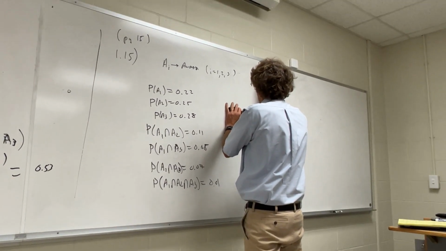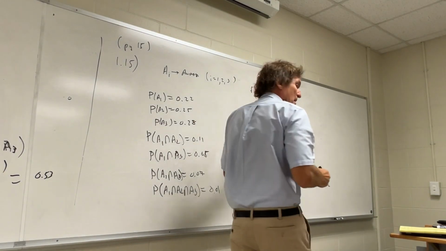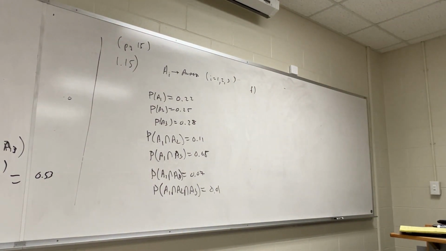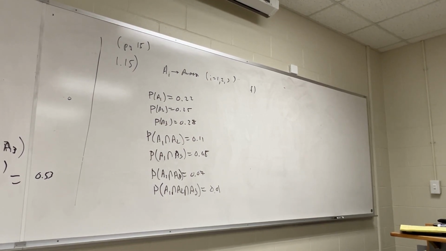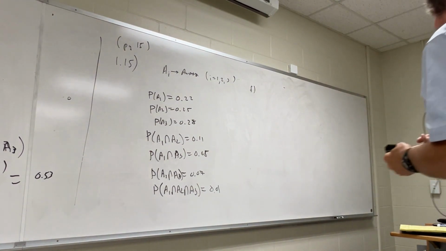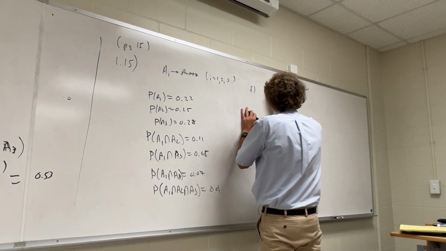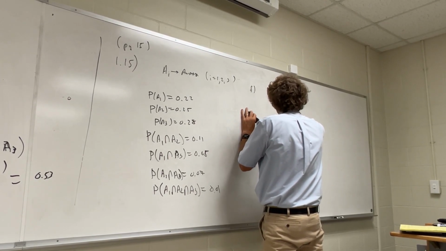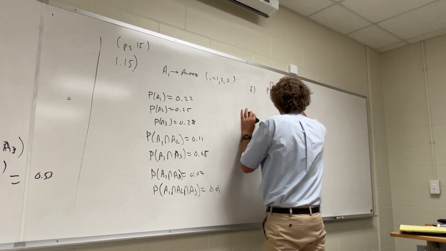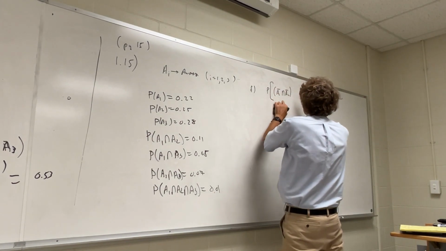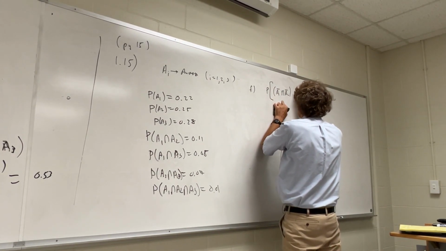So inside the parentheses, it's the probability of A1 not, A2 not intersect, right? That's everything that is not these. And then union A3.